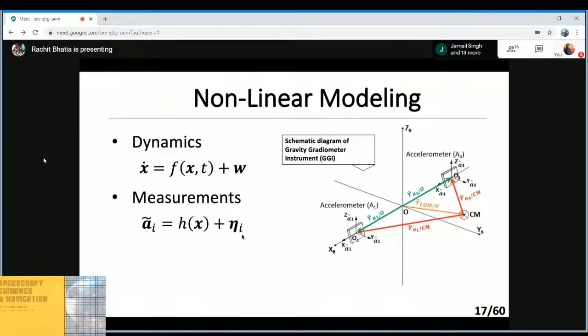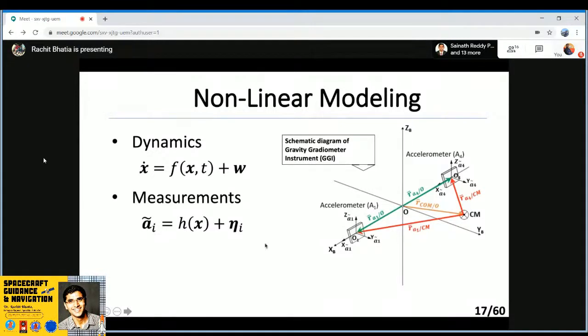Now remember, an accelerometer cannot measure gravity. If you have an accelerometer on your phone and you put it on a table and leave it still, it will not measure gravity. It will measure zero because it measures the reactive force.